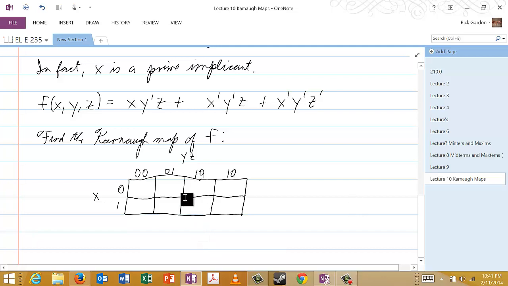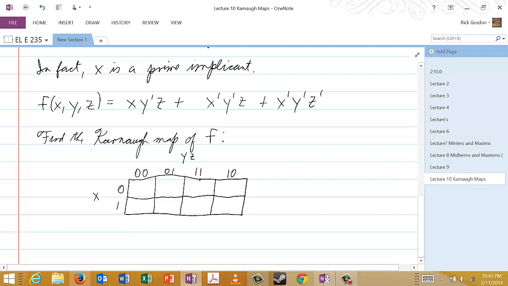Well, then you notice that as we move from this cell to this cell, both y and z change their values. X doesn't change, it's equal to 0 in both of these cells, but in this cell, y is equal to 0 and z is equal to 1. In this cell, y is equal to 1 and z is equal to 0. So both variables change their value, and we don't want that. So that's why we make this column the 1, 1 column.